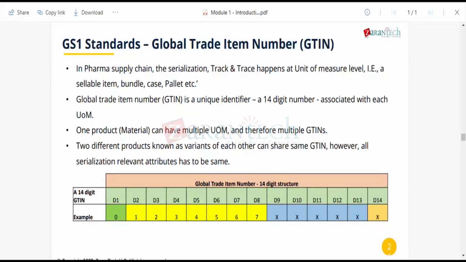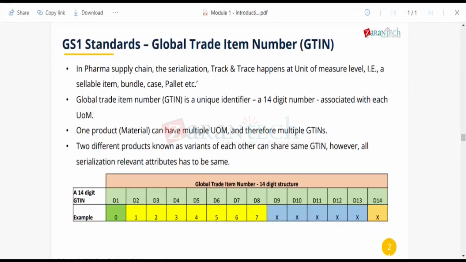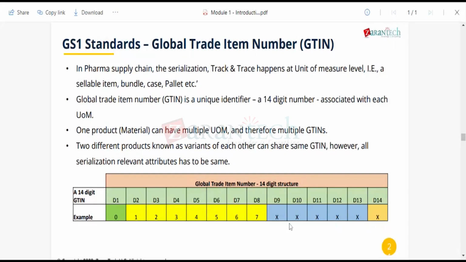These are the free digits. If it fits your material number, you can use it, or anything is fine. The important thing is that it should be sufficient for your overall products. If you have 1,000 products, you need 1,000 unique global trade item numbers, so the GCP should provide enough combinations for you. That's it.